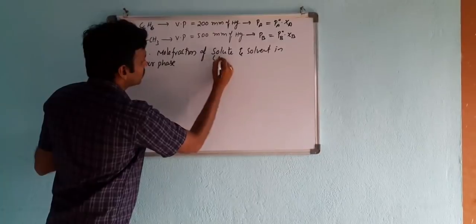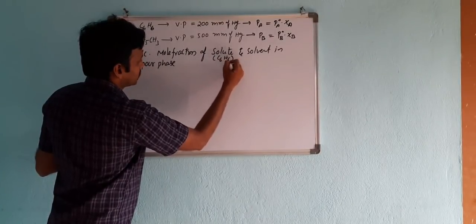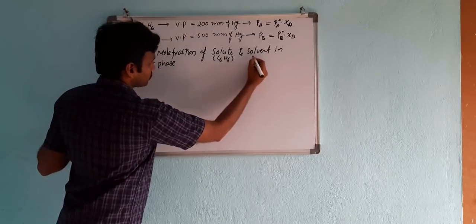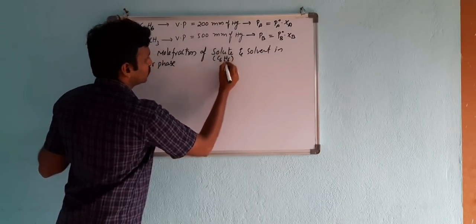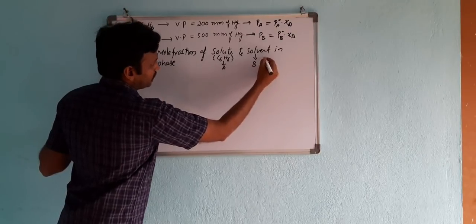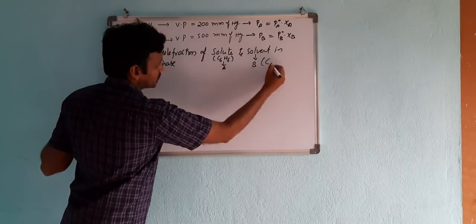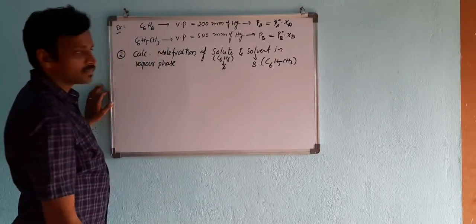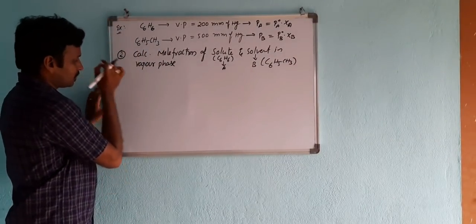Here solute means benzene, C6H6, plus solvent, you can consider A and B. This solute is A and this solvent is B, and the solvent is toluene, C6H5CH3. Got it? So it's very clear now.